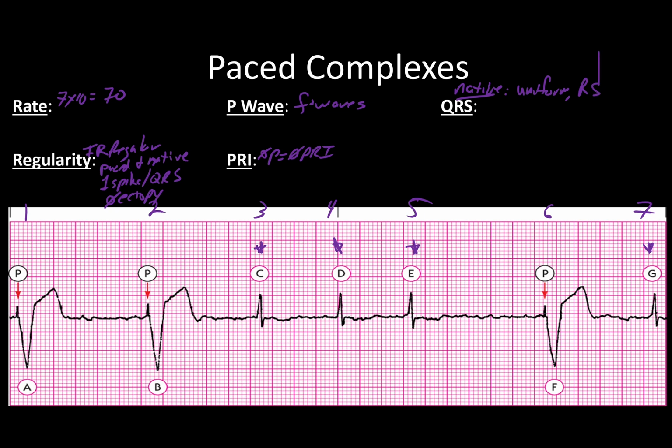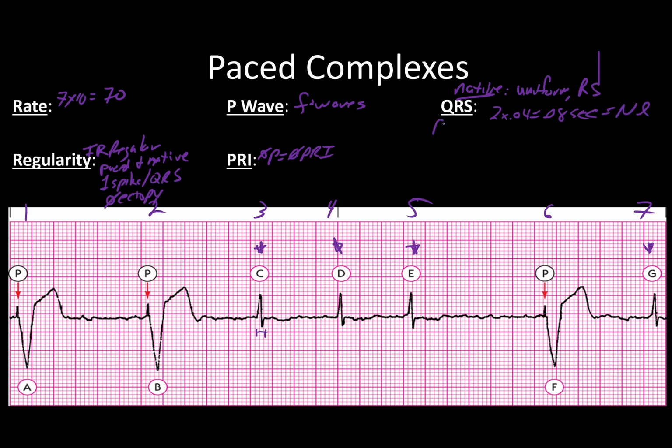And if we measure these out, we get right at about 1.5 to 2. We'll round up and we'll say 2 times 0.04 equals 0.08 seconds. So we know that the native beats are normal, or at least have a normal width QRS.